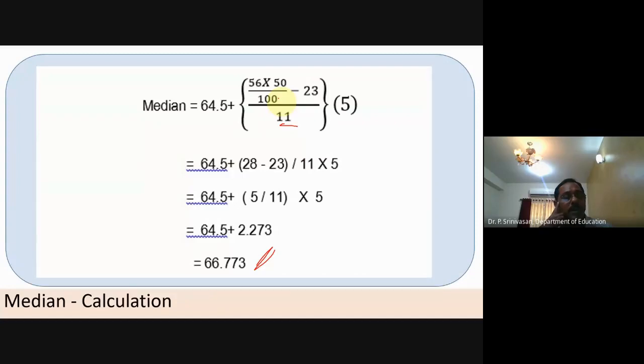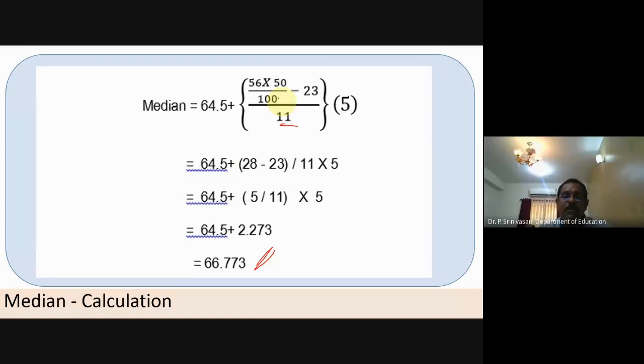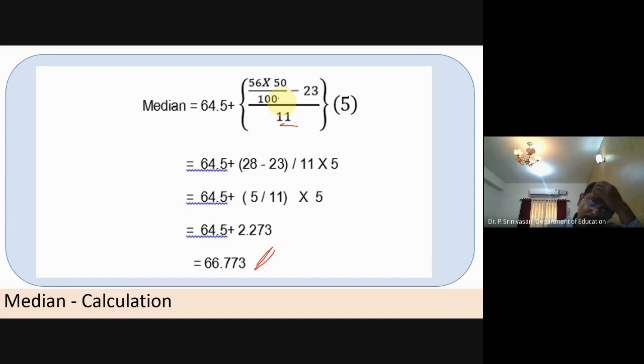Suppose you are given 50 data values. You see which number is repeated the most number of times. That will be the mode of that particular data.